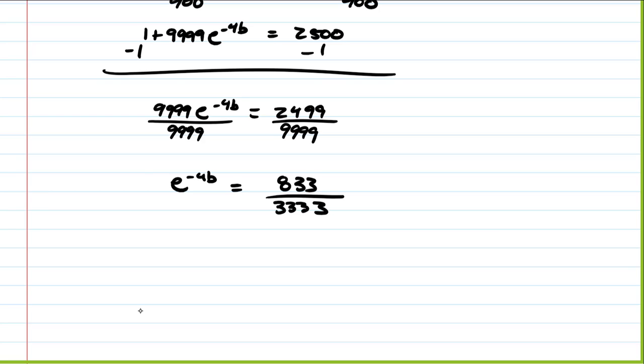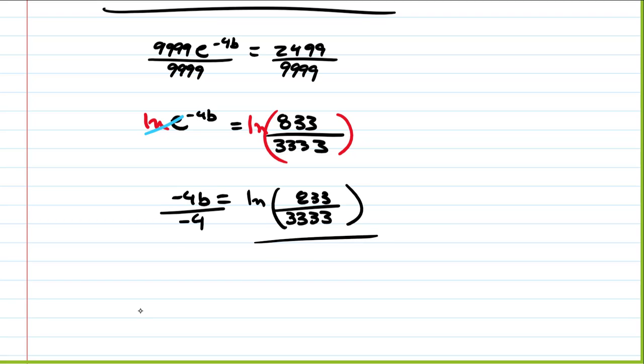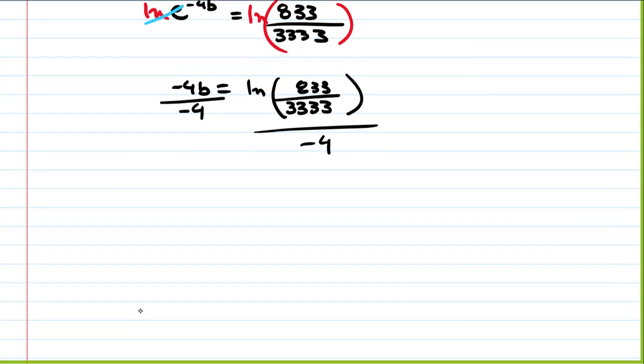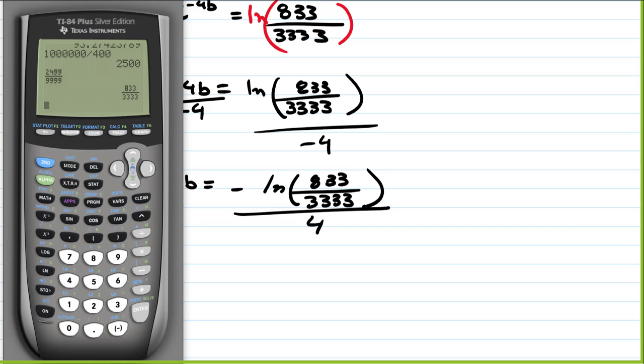So then to undo our exponential base e, we use our natural logarithm. The e and the ln reduce out, and we have negative 4b is equal to the natural logarithm of 833 over 3,333. We divide by negative 4, and we divide by negative 4. So finally, we get b equals the negative of the natural logarithm of 833 over 3,333 all over 4. So once again, let's put this in our calculator.